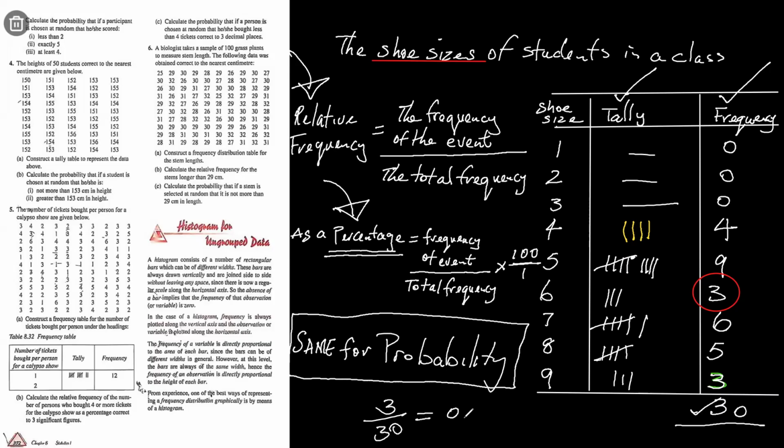That's 1 over 10, which is 0.1 as a decimal. So this is your answer. If you had done it as a percentage, then you would multiply by 100, which will give me 10%. So you could express probability as a decimal or as a percent.